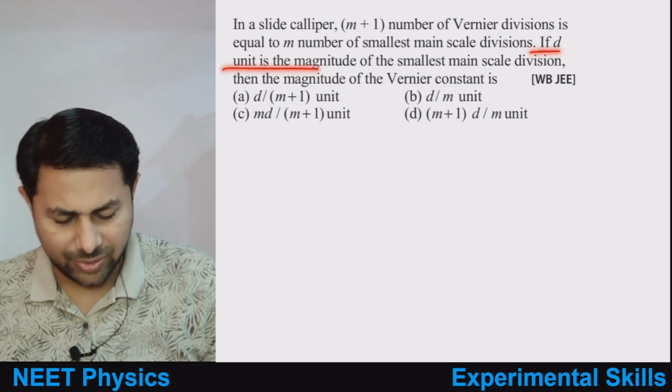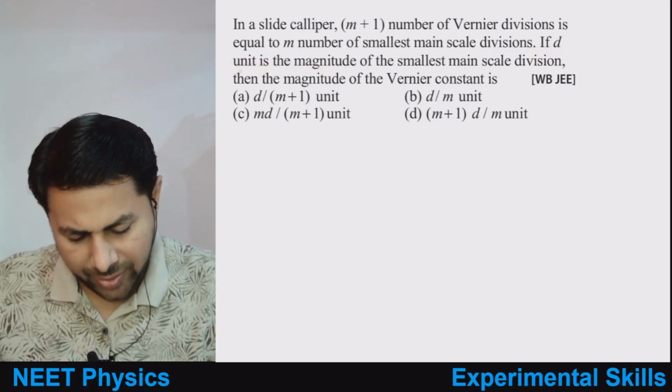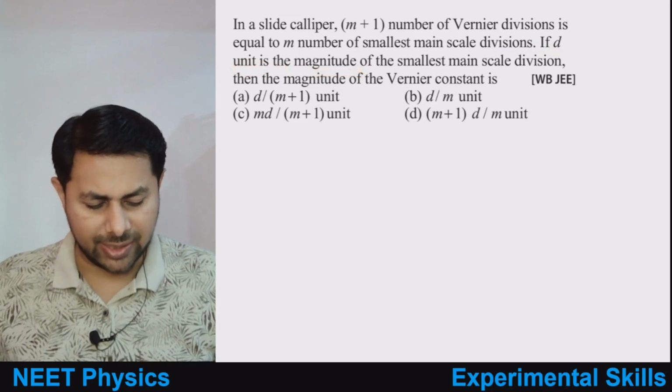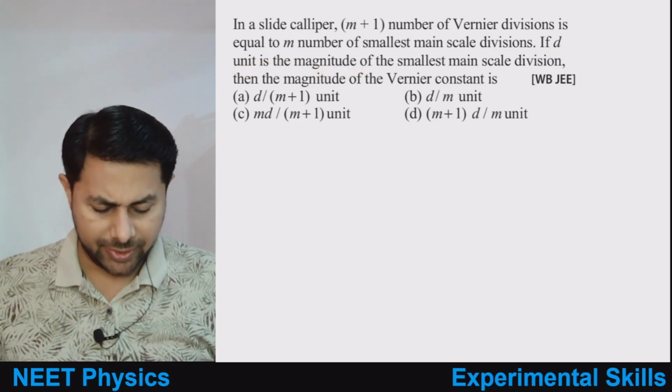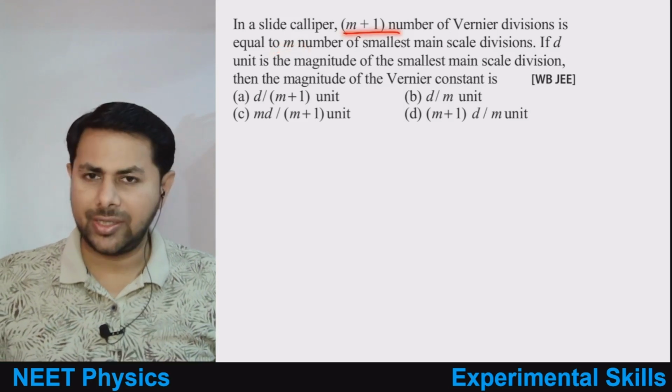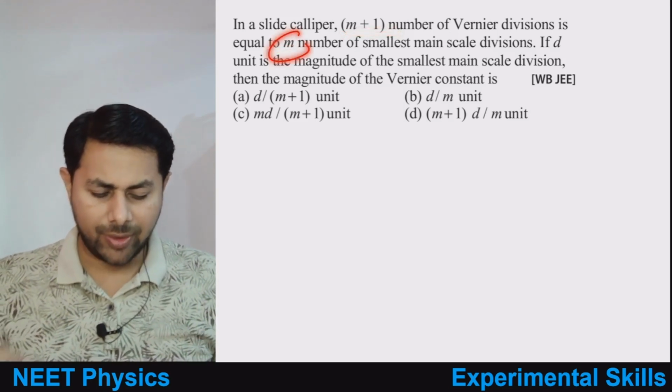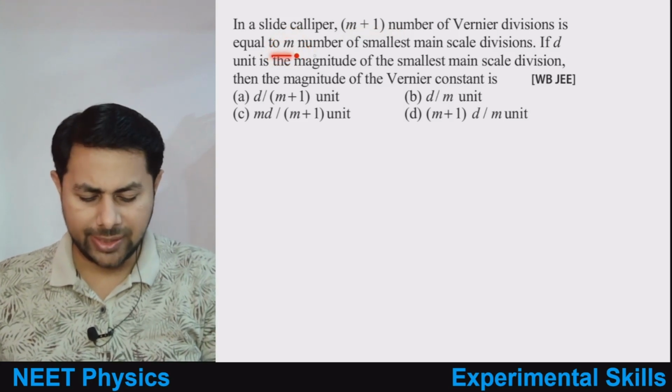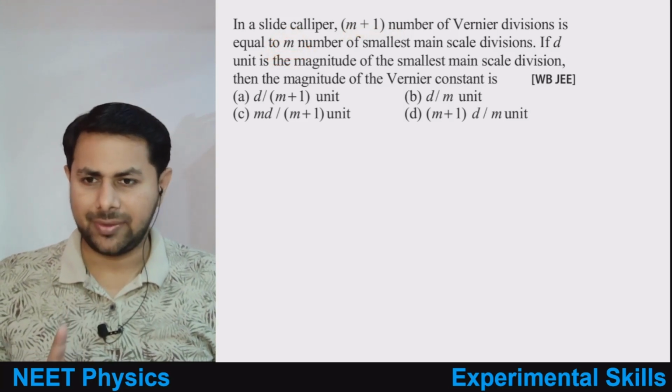What is MSD? If D unit is the magnitude of smallest main scale division, see in this case also you have m plus 1 vernier divisions matching with m main scale divisions. So what's the difference? It's 1, right?